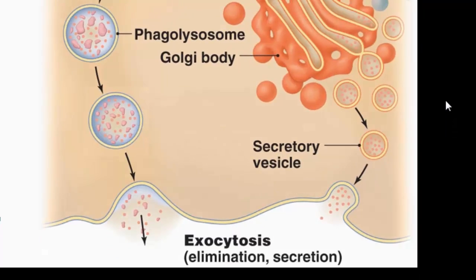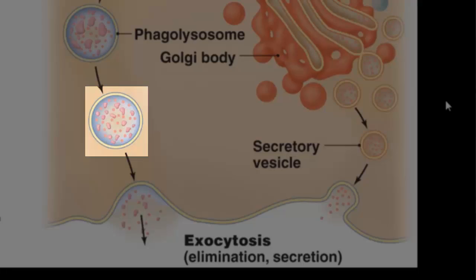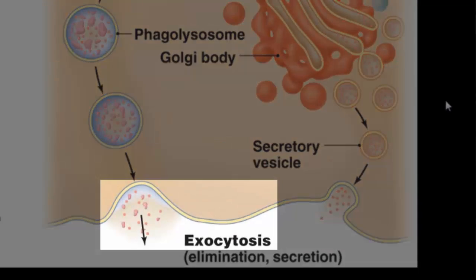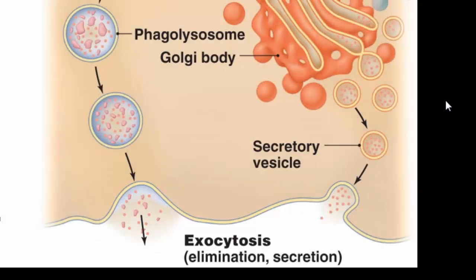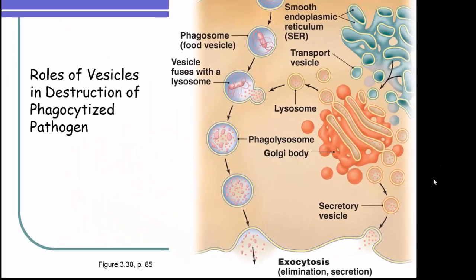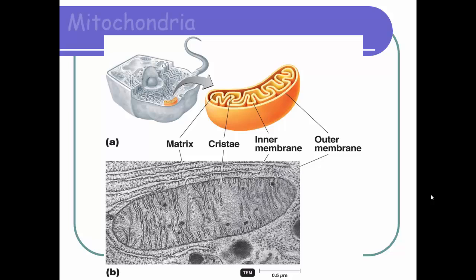We now then have a residual body, a trash bag, if you will, that must undergo exocytosis to eliminate and secrete the remnants of the destroyed bacterium. We'll talk more about this in the immune system.